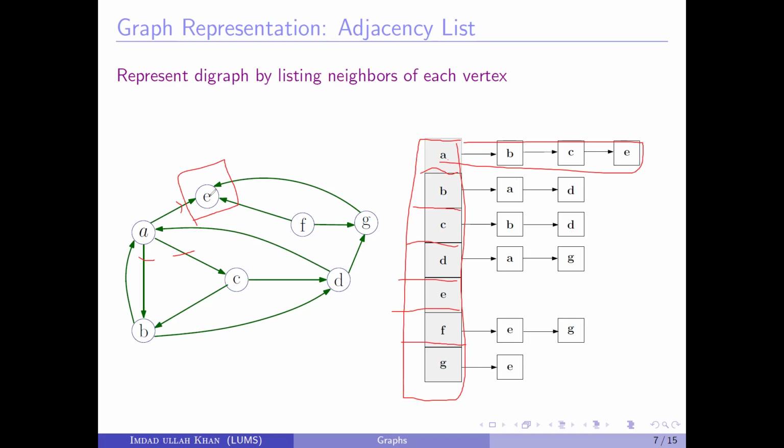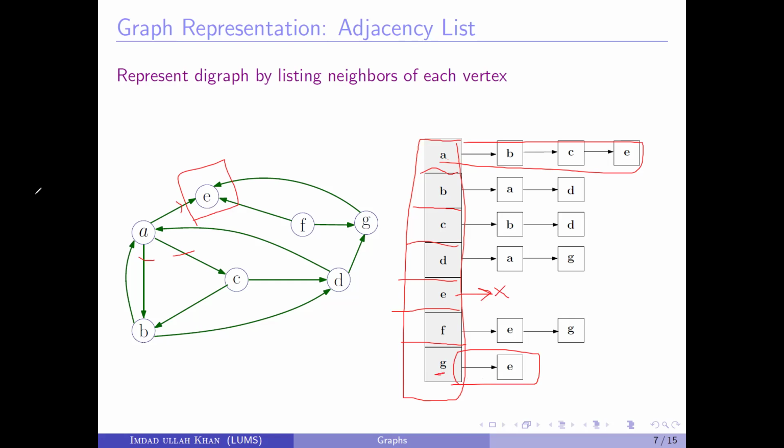E is adjacent of some other vertices, but it does not have any adjacent vertex. So the pointer of E does not point to anything. This is an empty list. And G has one adjacent, which is E. Each list contains neighbors of that particular vertex, which is given in the first column. This kind of representation is called adjacency list.